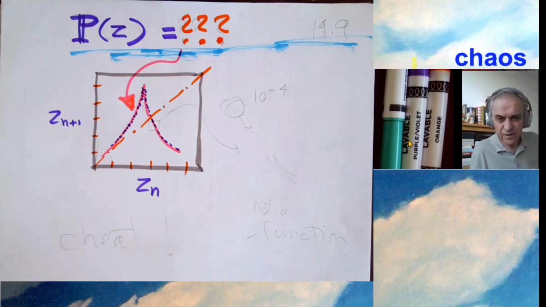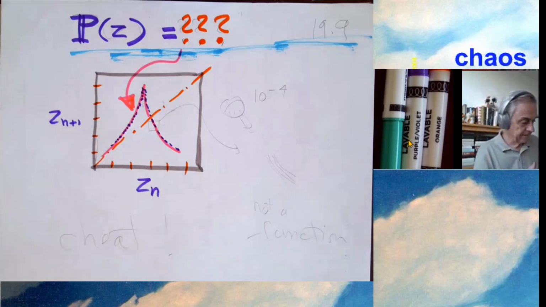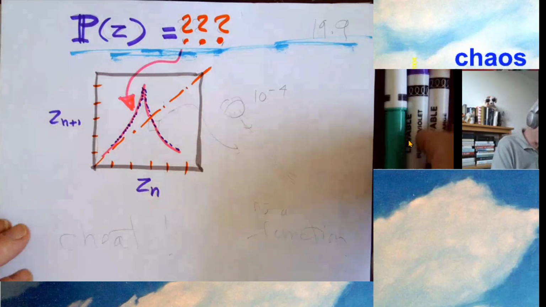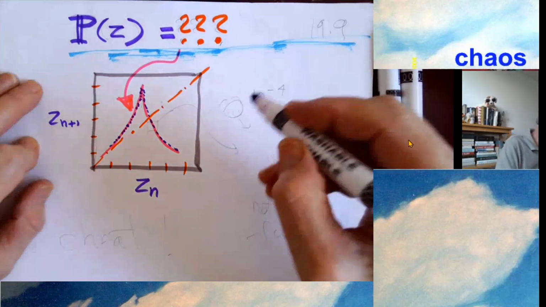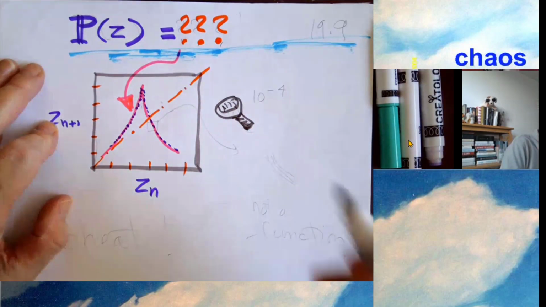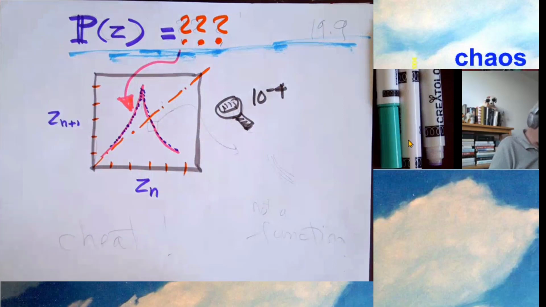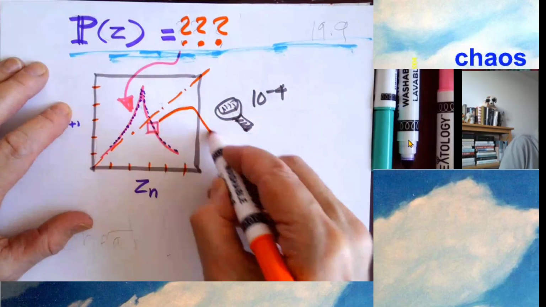But it's hokey because the Poincaré section is 2-dimensional. In 3 dimensions, it's a plane. So how come one coordinate is enough to describe it? It's a cheat. It's not honest. So if I take a magnifying glass and I magnify this by a factor of 10 to the minus 4, so I take a little area here and I look at it closely.